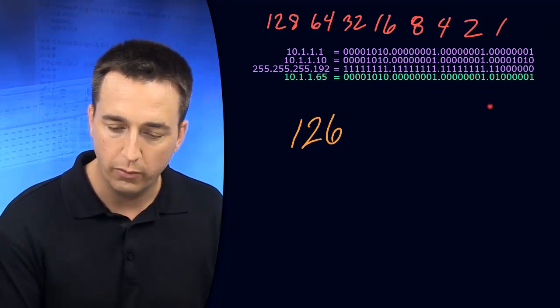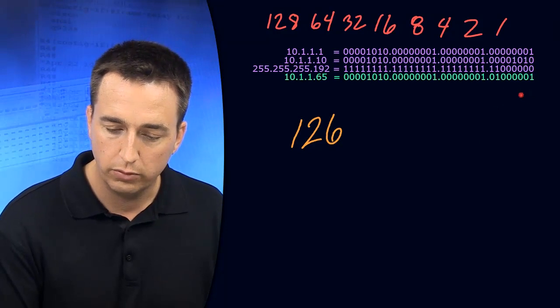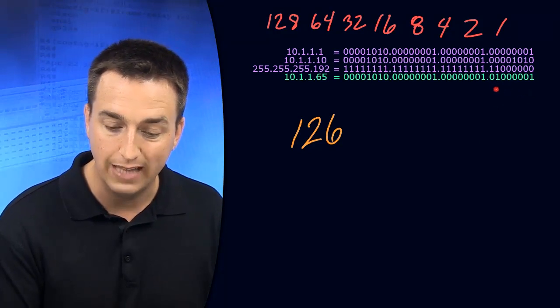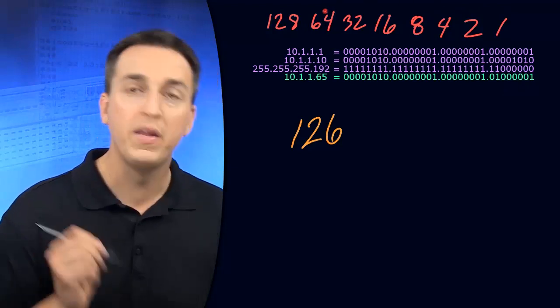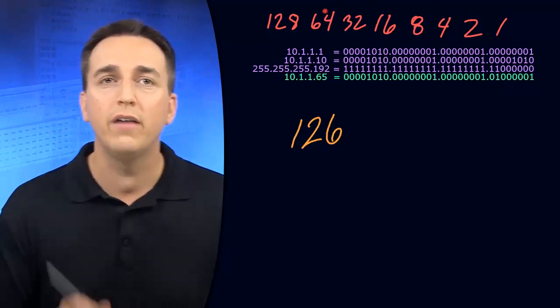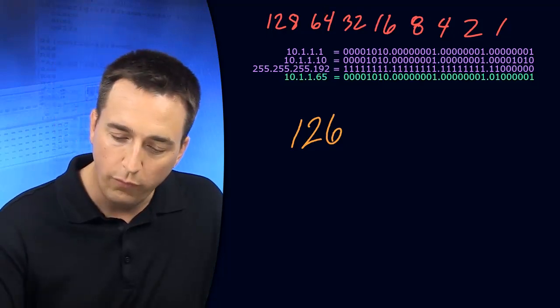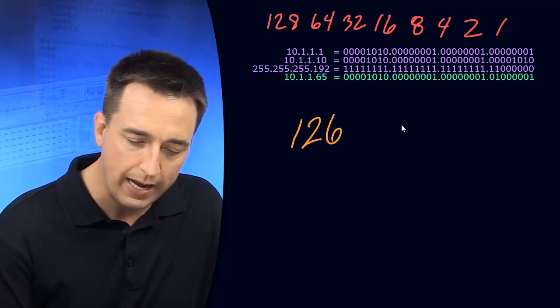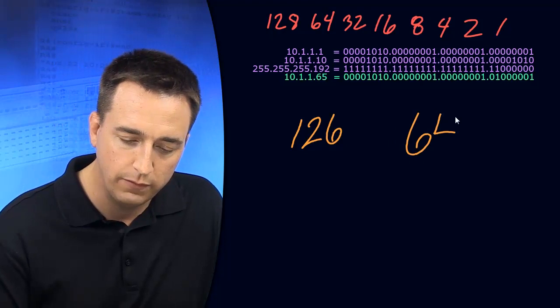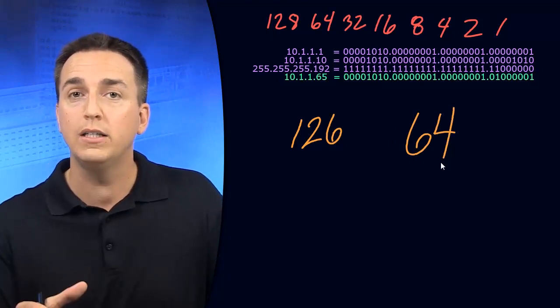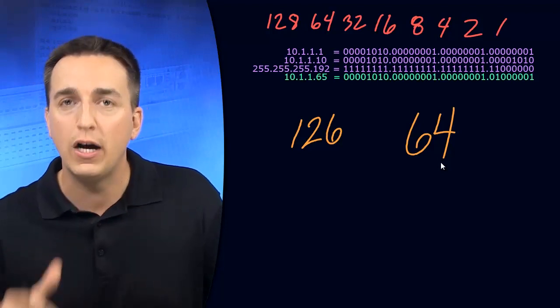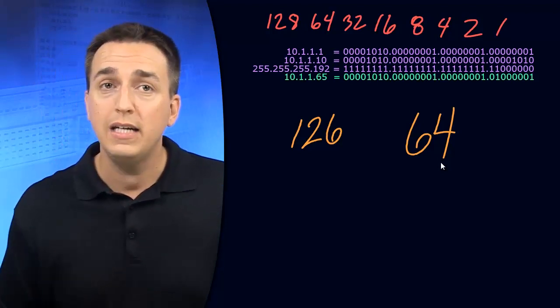So let's figure this out. We have 1, 2, 3, 4, 5, 6, 7. The decimal equivalent of that bit position is 64. Why do we care? Because this 64 means we are counting by 64 in the fourth octet. It defines our block size, our subnet IDs.